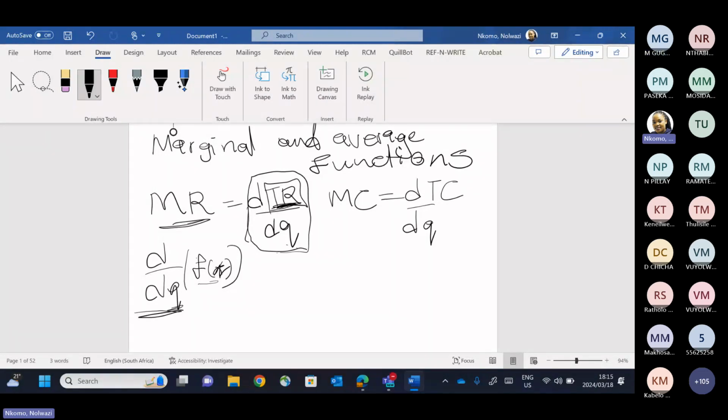Again, let's go back to the marginal revenue. The marginal revenue is just the additional income that is generated from the sales of one more unit of a good or service, right? And in your book, the study guide, marginal revenue is defined as the increase in the revenue that results from the sale of one additional unit of output.